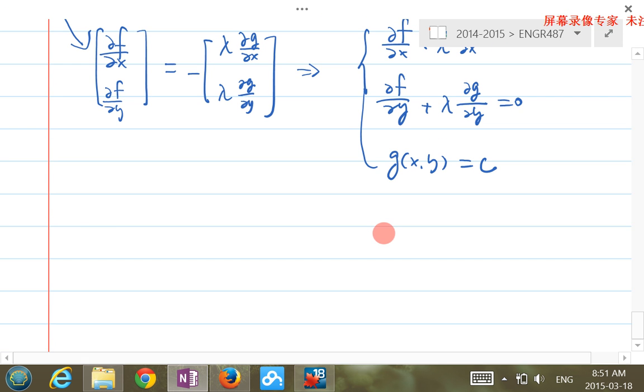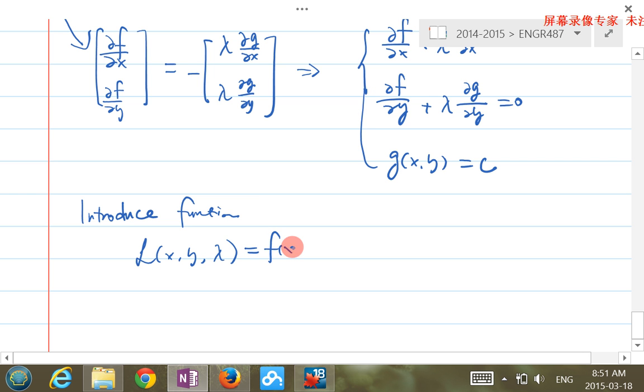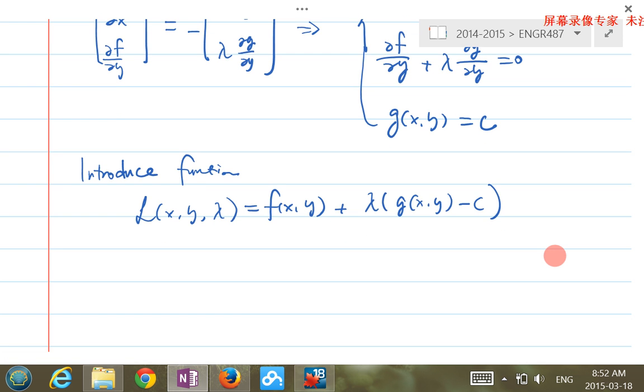We introduce a function, and this function is L(x, y, lambda) equal to f(x, y) plus lambda times g(x, y) minus c. We introduce this function, and it is called a Lagrange function or Lagrangian.